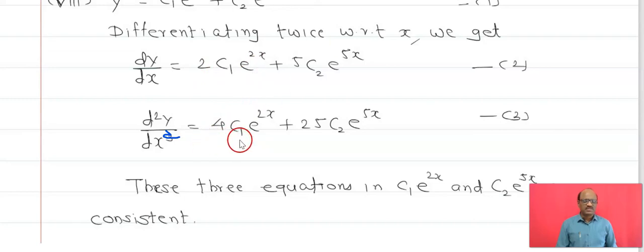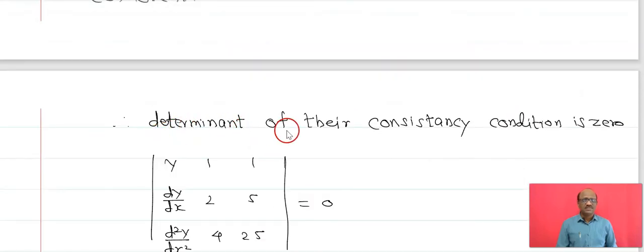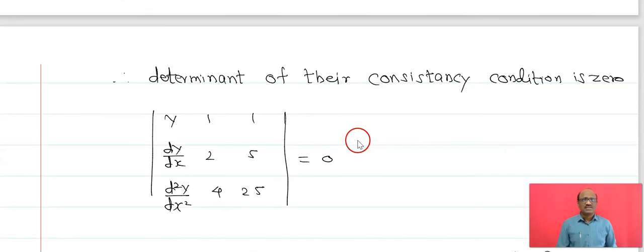Again, the derivative of e raised to 5x is 5 e raised to 5x, and 5 and 5 will become 25 c2 e raised to 5x. This is equation number 3. These three equations in c1 e raised to 2x and c2 e raised to 5x are consistent, therefore the determinant of their consistency condition is 0.